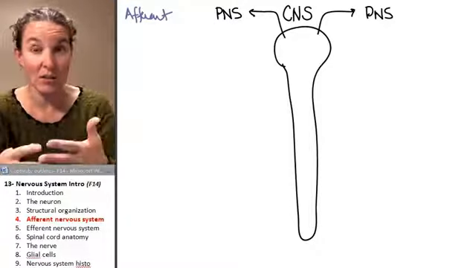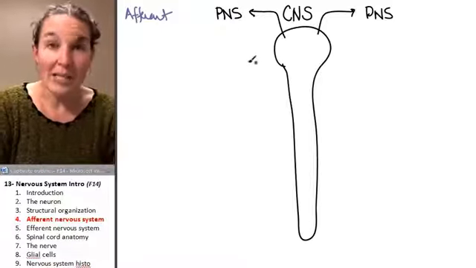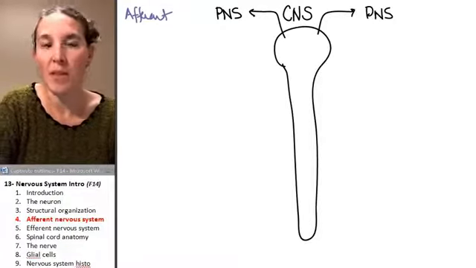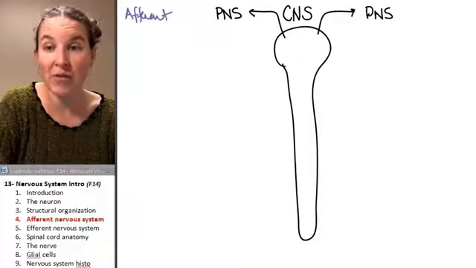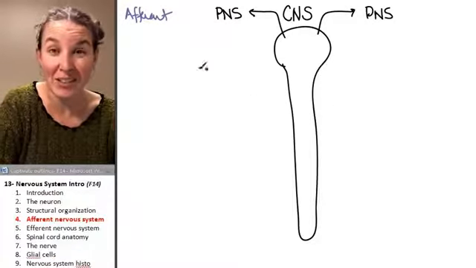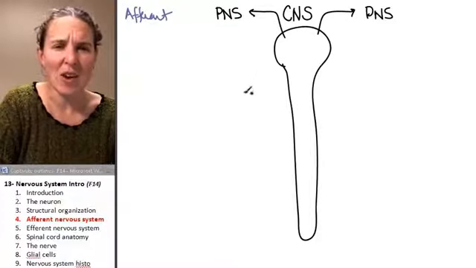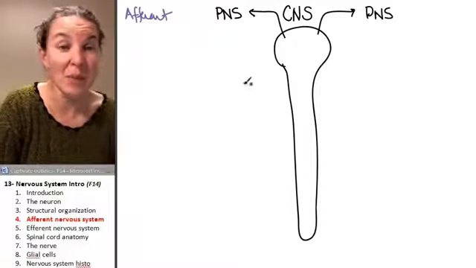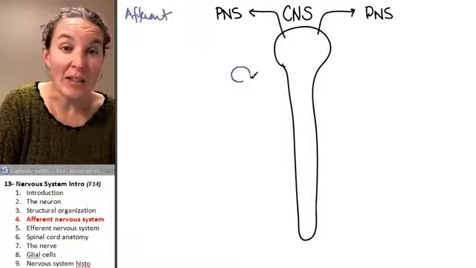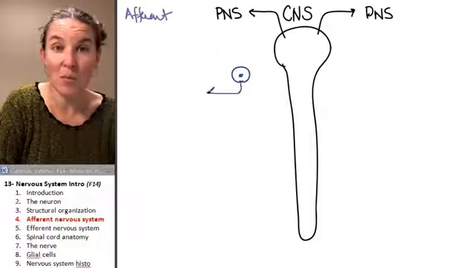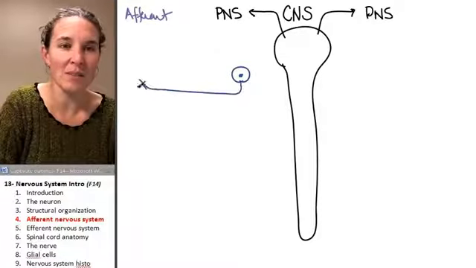But to simplify things, I'm just going to draw a map from one side. There are two flavors of afferent information, which means there are two flavors of afferent pathways, keeping in mind that the afferent pathway is nothing more than neurons.